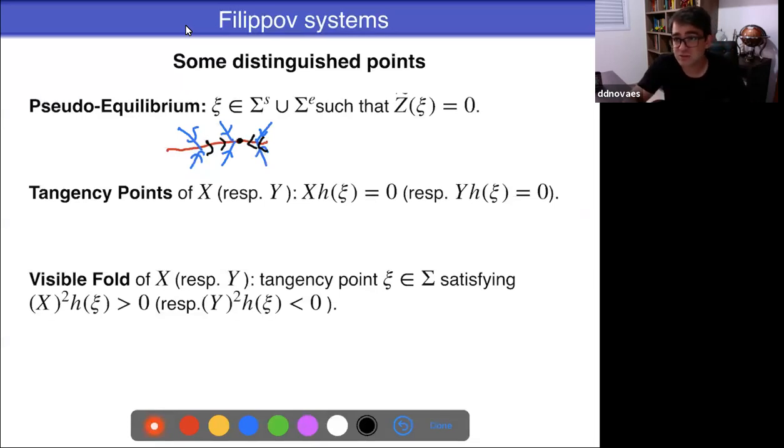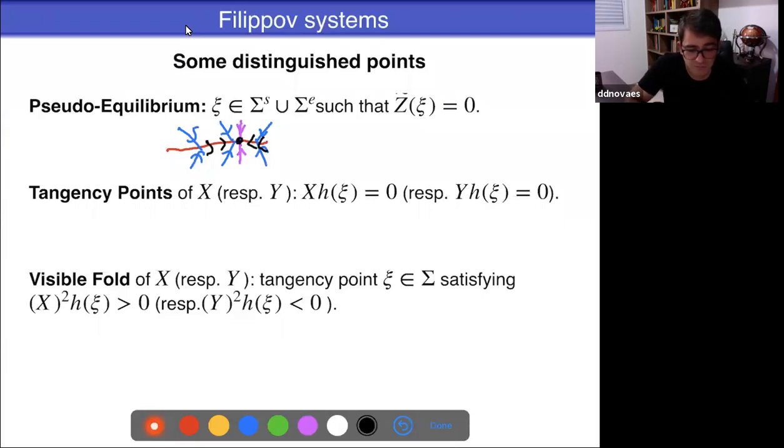The main difference between this type of singularities and the ordinary ones is, despite it's a singularity of a vector field, for the Filipov system you have a direction where you reach the singularity in a finite time. So since it's in a sliding region, you have trajectories reaching the pseudo-equilibrium in a finite time. It will be very important for us.